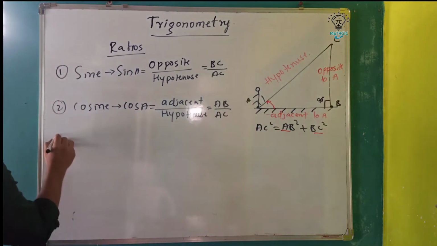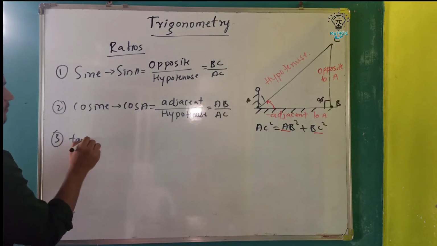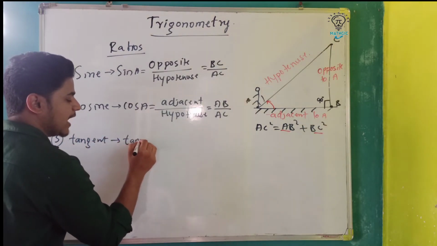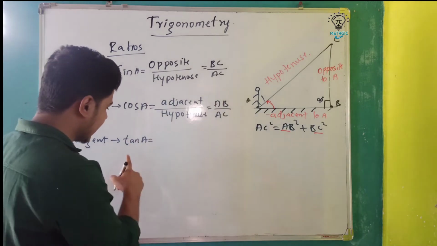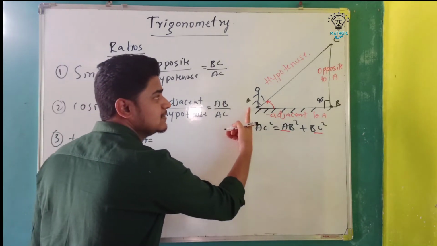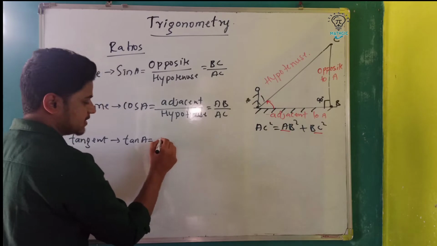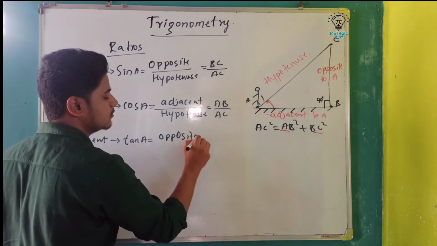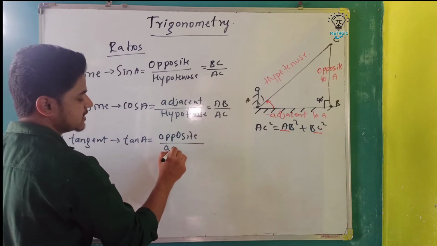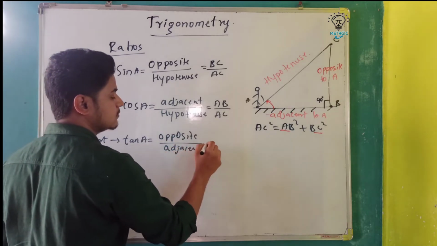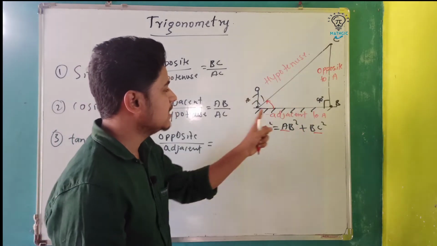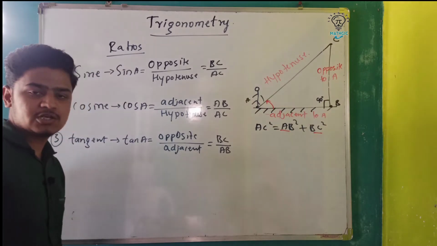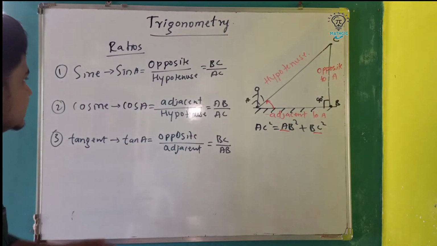The next ratio is tangent, written as tan of angle A, the ratio of the opposite side to the adjacent side. So it is BC by AB. These are the main 3 ratios, and the next 3 ratios are the reciprocals of these.